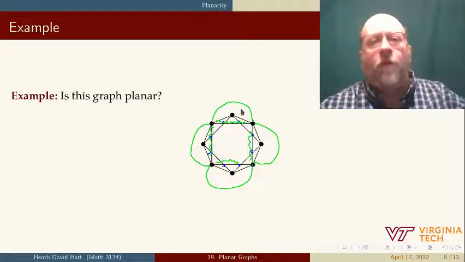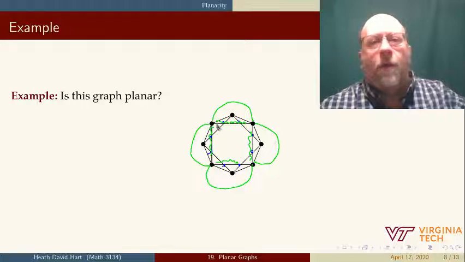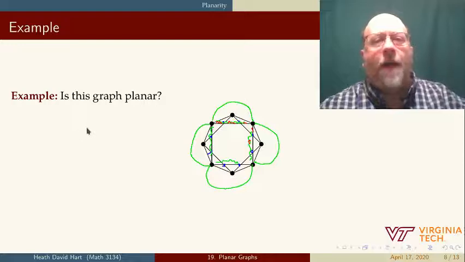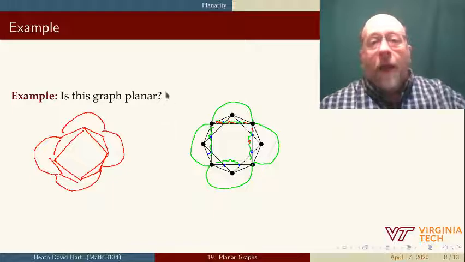I'm calling them loops. They're not loops, but put a curved edge here, a curved edge here, a curved edge here, and a curved edge here. And now we can get rid of these edges here. What we have left now is a diamond, this octagon, and then these curved edges going around the outside. And so this graph is planar.